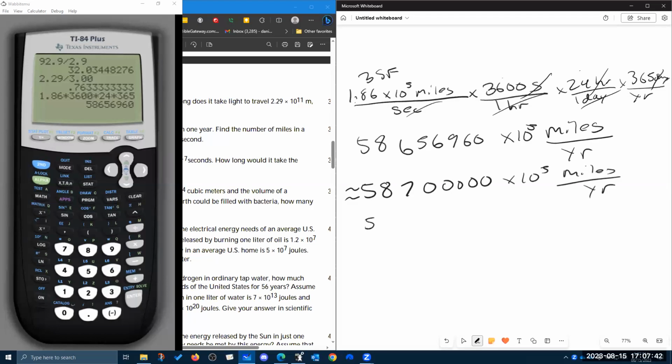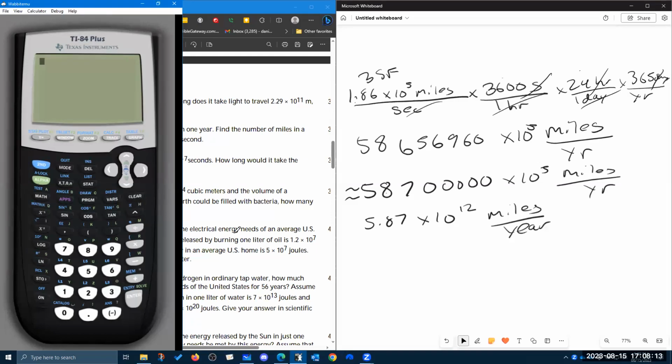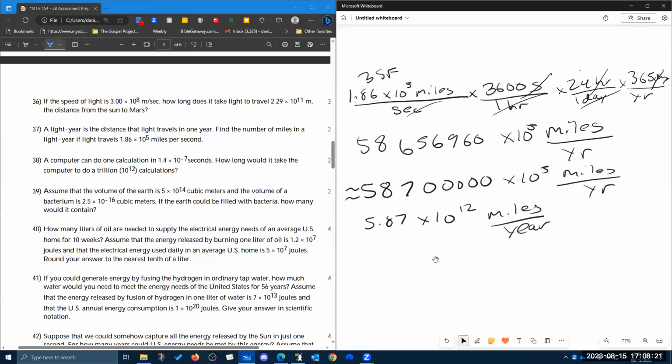And I'm going to write that as 5.87 times 10 to the 12th, plus the 5 that's already there. And there we go. I believe that those would be quadrillions. I think 10 to the 12th would be a quadrillion.